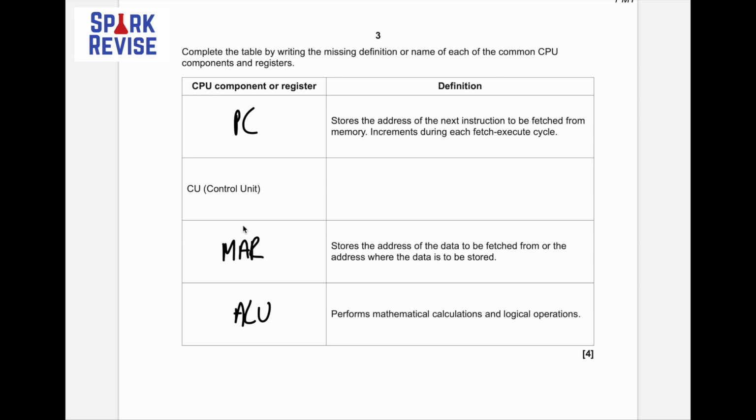Then, going back to the CU. So the control unit, what does it do? Your main definition you need is direct flow of data through CPU.